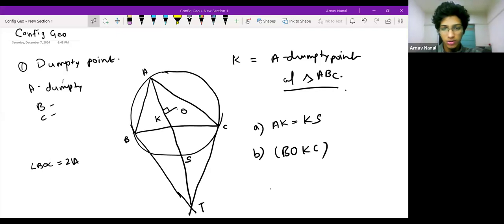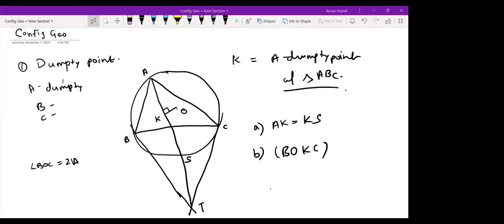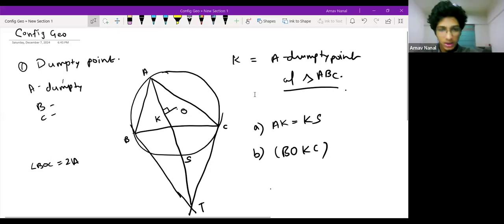So can you just formalize? I think B, K, O, C, and T, all of them form a circle. Yes, that's true. Could you outline the proof quickly?